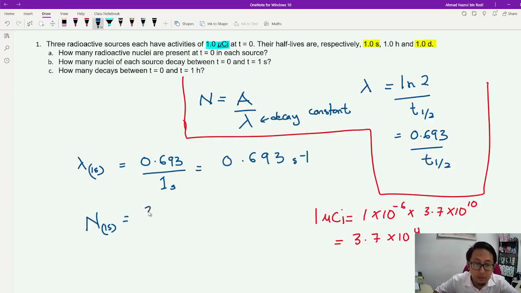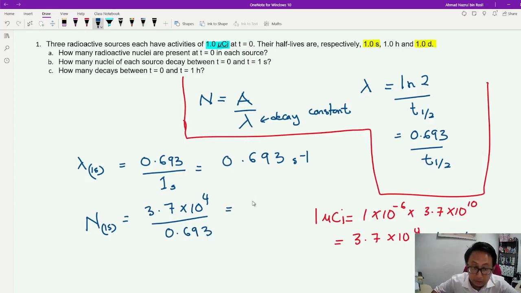We are using the equation N equals A over lambda. A is 3.7 times 10 power of 4 decays per second, and lambda is 0.693 per second.